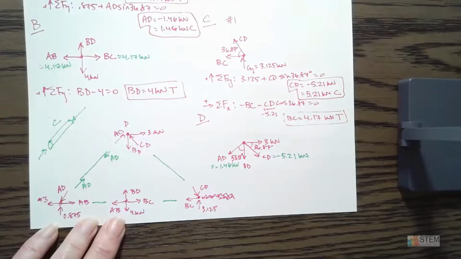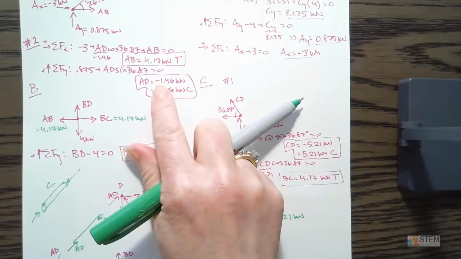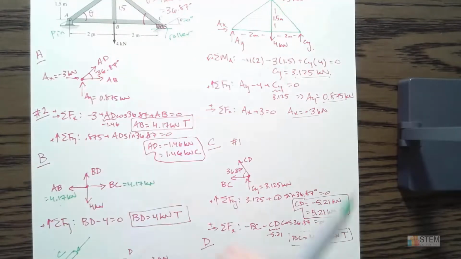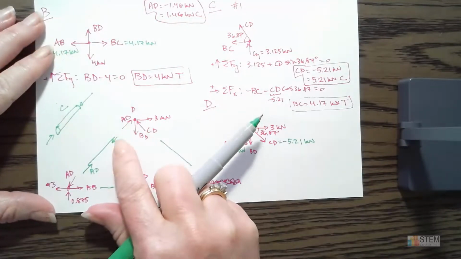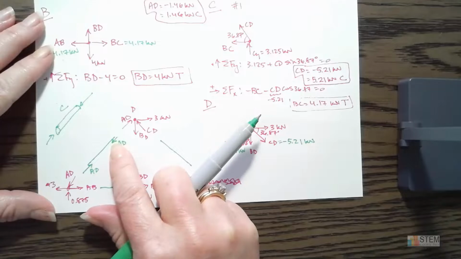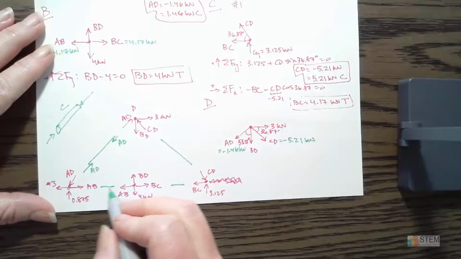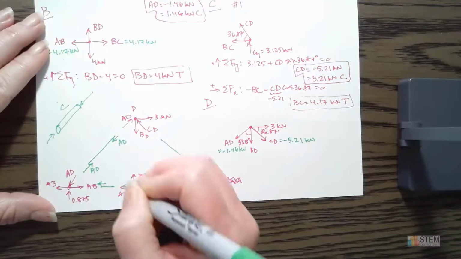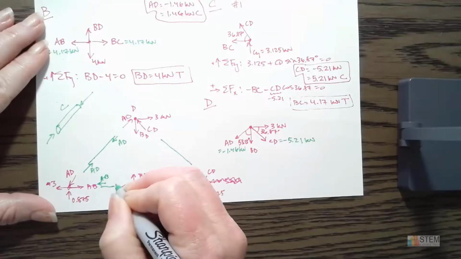So that is why, if we look at AD here, when we got the negative, remember, we had it going out, so that means it should be going in to the joint. So once it's going into the joint, that means it's also pushing into the member here. So that's why the negative gives us a compression. Okay, and then we can do the same thing down here for AB. So this is pushing out or pulling on the joint. So to counteract that, there's a force on the member going to the left. Same thing here.